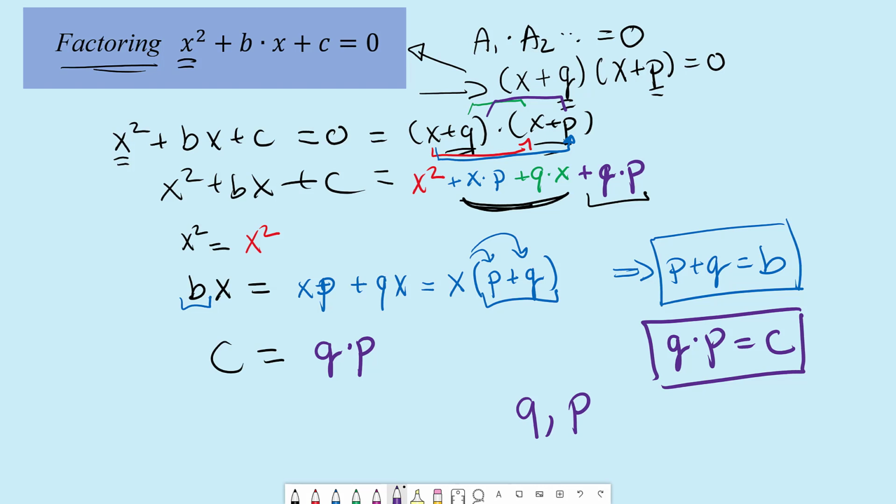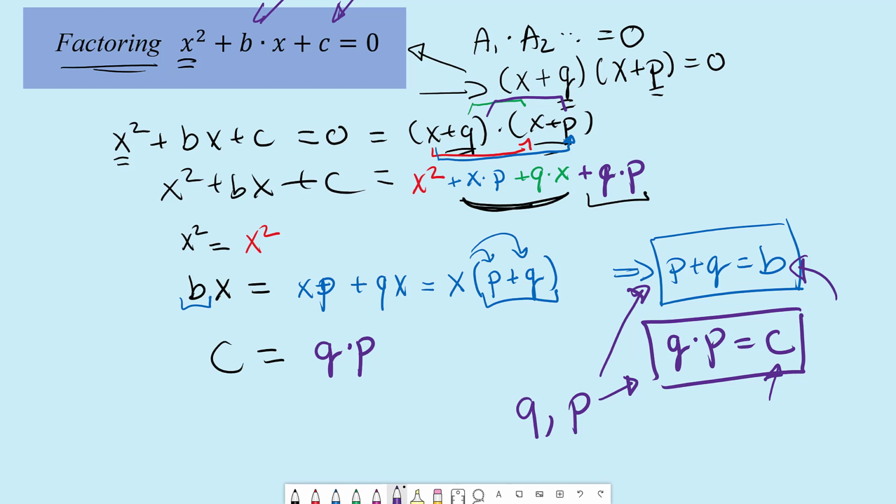And these two numbers should add up to b, and their product should be equal to c. So if we have a quadratic equation with a certain b and a certain c, we can try to look for sets of numbers whose product is c, so factors of c that also add up to b.